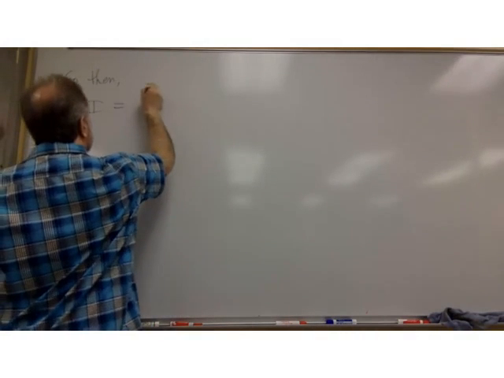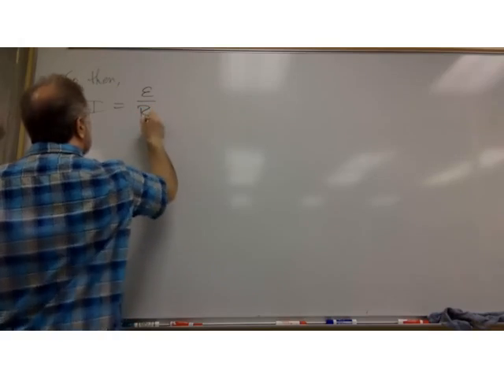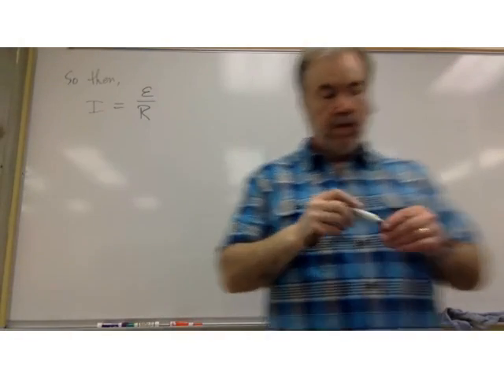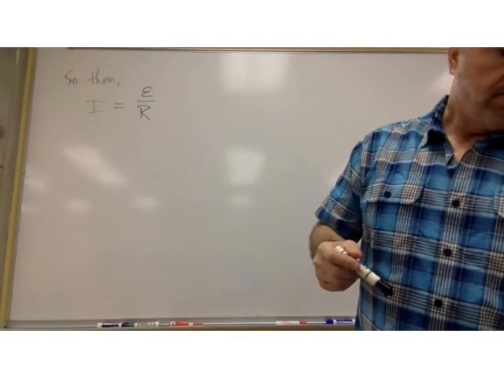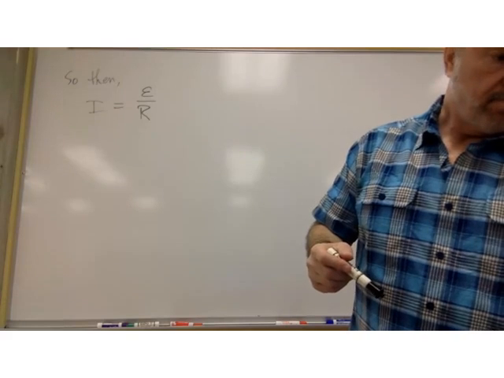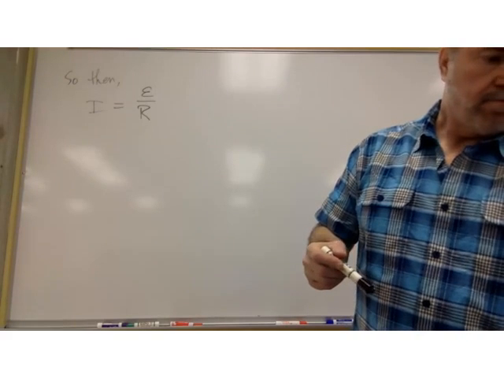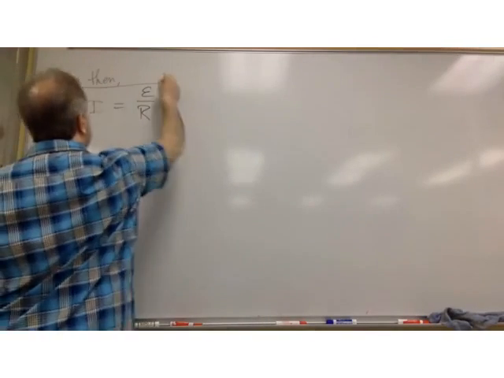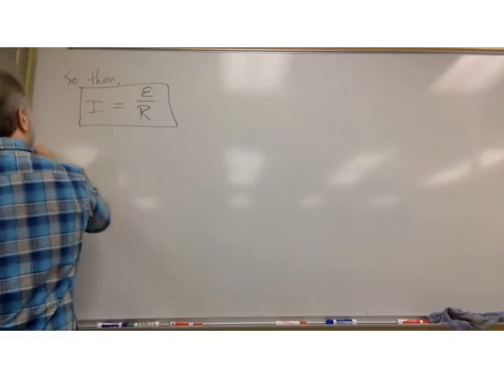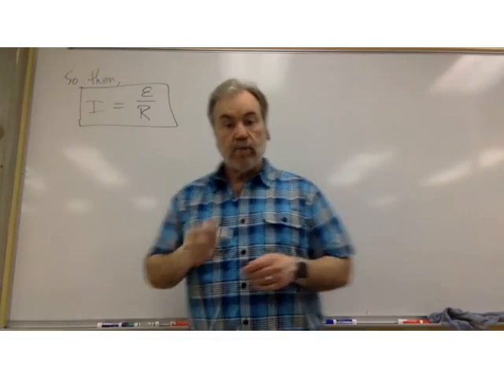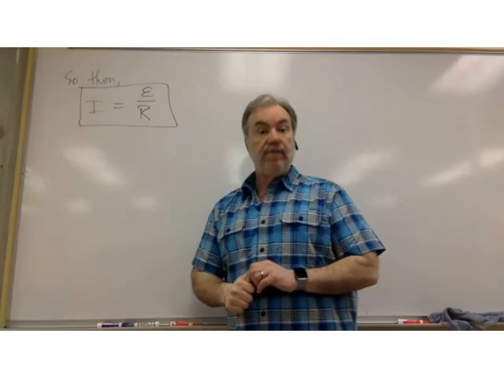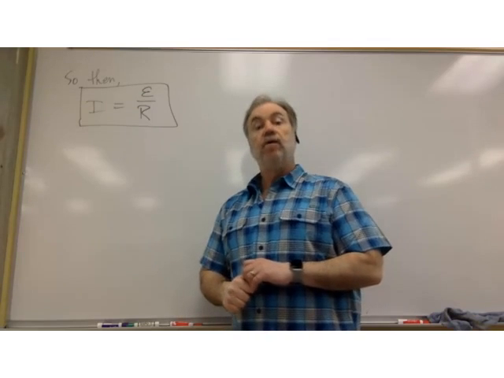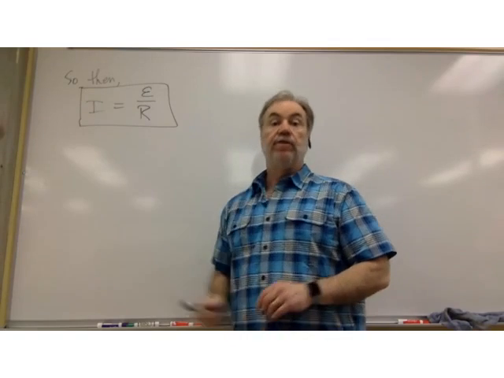So I is equal to the EMF over the resistance. And so this relationship here is the relationship that we're after. This relationship answers our question: given that battery, given that much resistance to flow in the circuit, what current can I expect to flow? This is the answer to the question.